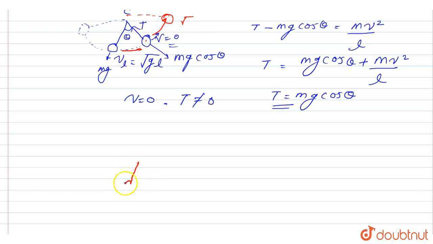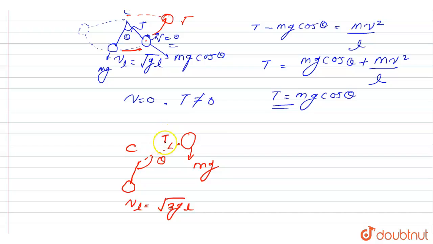Therefore, if we take the lowest velocity VL equals under root 3gl, then it moves up to this position with a theta. The force acting on it is mg, the tension is towards the center, and it moves with velocity VL, and its highest velocity is VH.